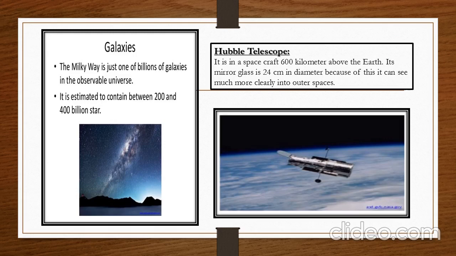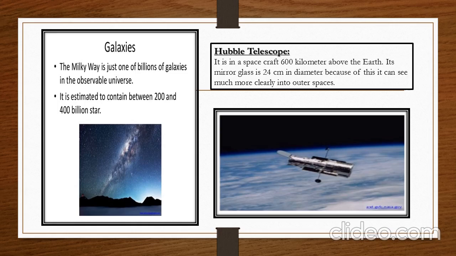Another important topic which we want to discuss is galaxies. A galaxy is a system of millions of stars together with gas and dust held together by gravitational attraction. And the Milky Way is just one of the billions of galaxies in the observable universe.